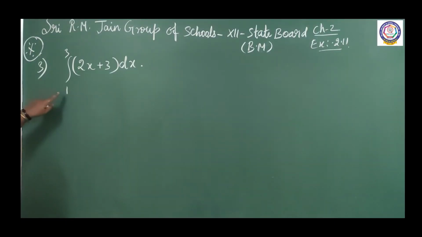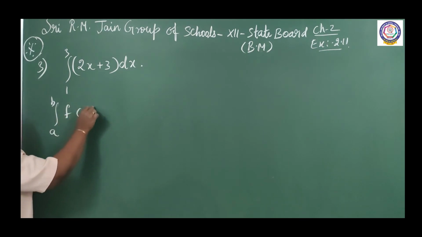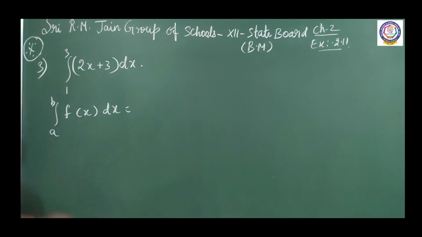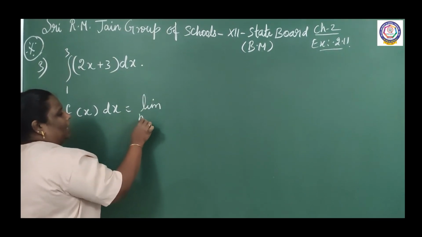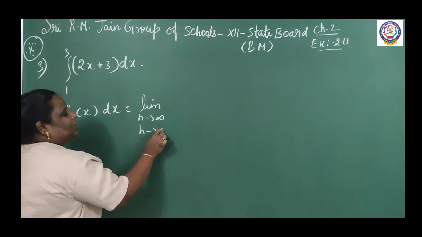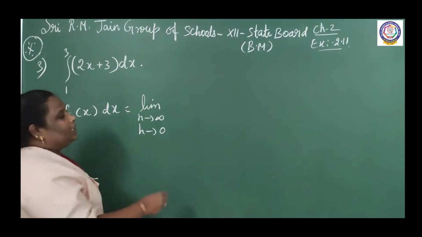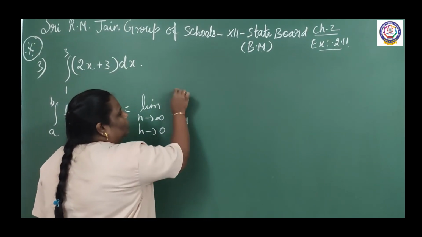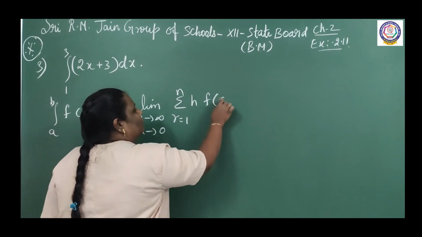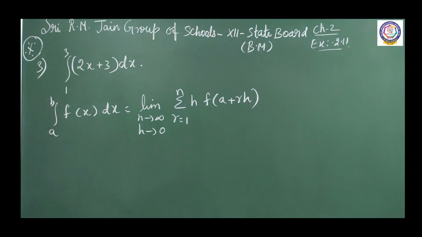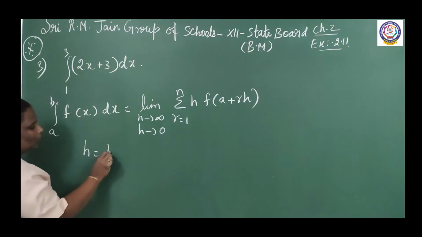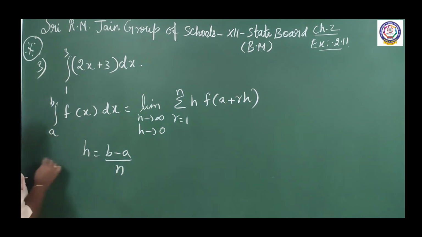See the third sum, integral 1 to 3 of 2x plus 3 dx. What is the formula? Integral a to b f of x dx equals limit n tends to infinity, or h tends to 0, sigma r equal to 1 to n, h into f of a plus r h, where h equals b minus a by n.